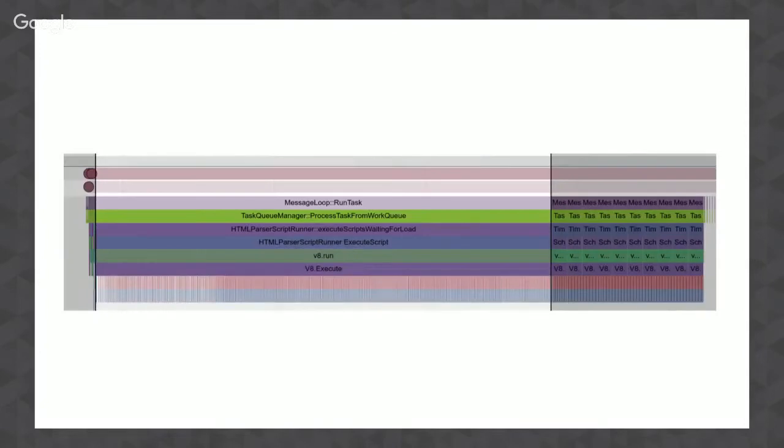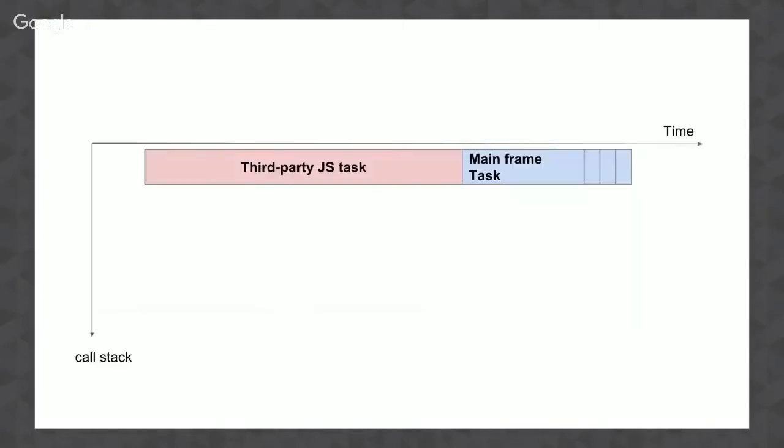So take a look at the Chrome tracing result for an artificial example of that. A long-running JS task is blocking the mainframe task, which hurts render responsiveness.